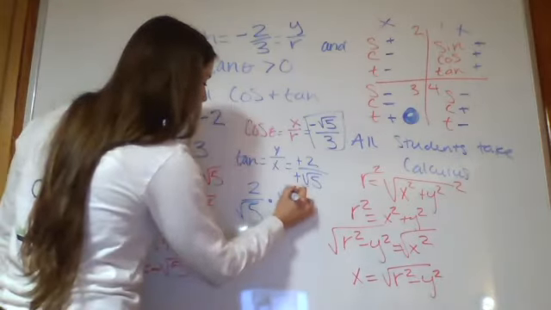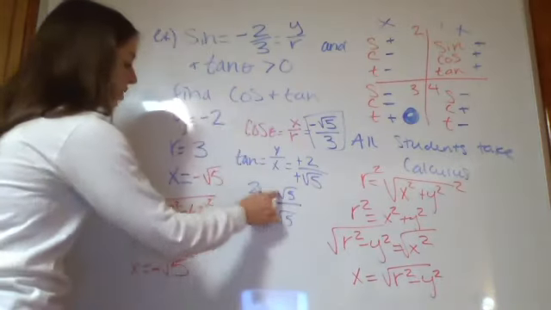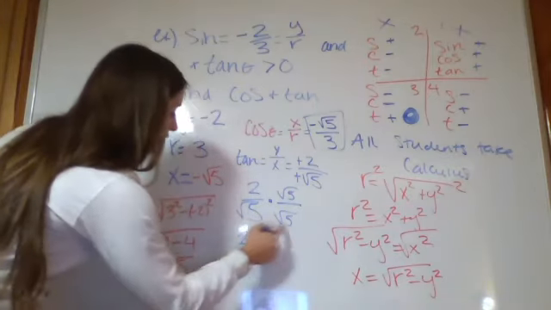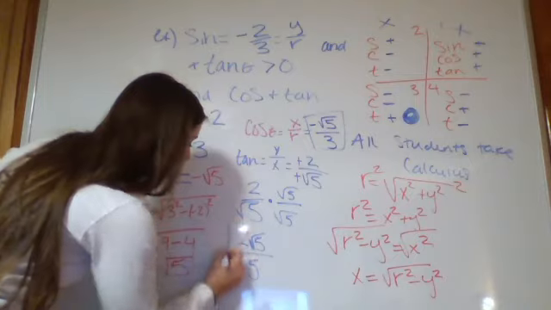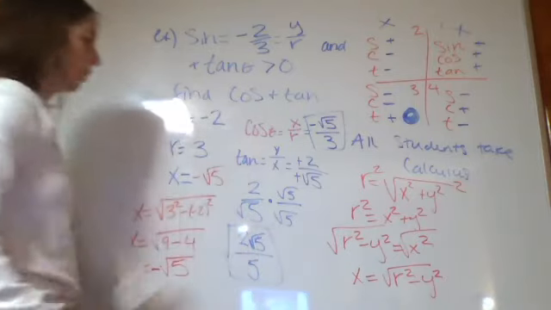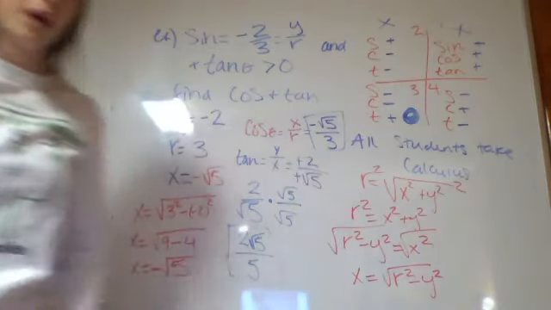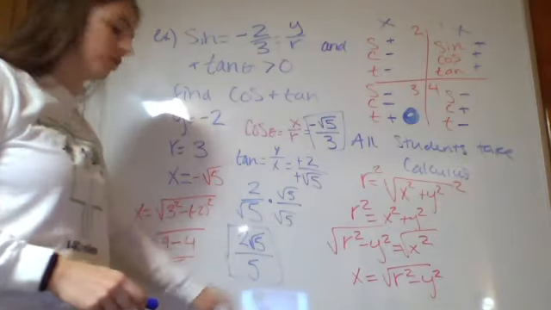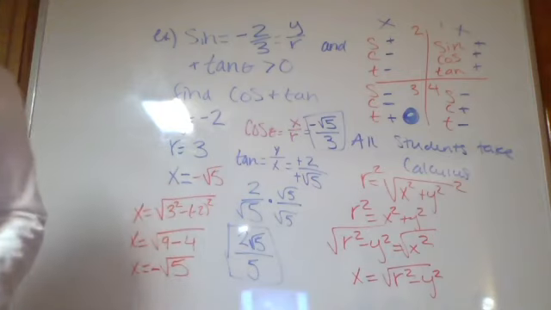That's root 5 over root 5. 2 times root 5 would be 2 root 5. Root 5 times root 5 gives me just a 5. So my cosine equals negative root 5 over 3, and my tangent value equals 2 root 5 over 5.